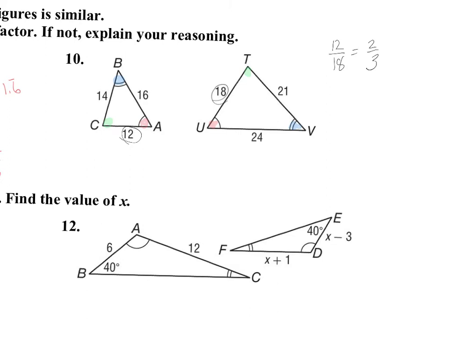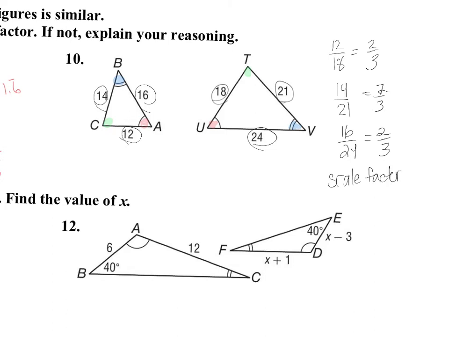If we then go to 14 and then 21, dividing by 7, that's going to give us 2/3. And then our last one here is 16 and 24, and I divide that by 8, and that's going to give us 2/3. So we could see that our scale factor is 2/3.